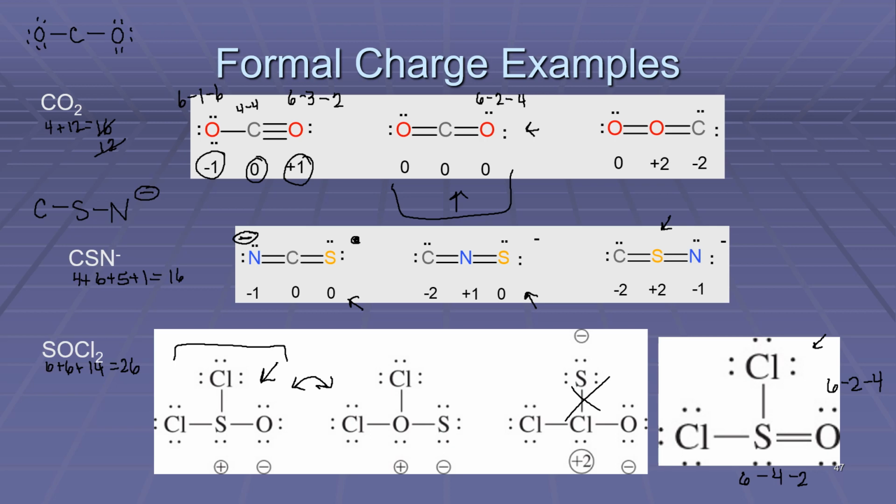I had said that I would show you that other one real quick. So we had this structure earlier. It was OCl, and let's see, we got to this structure.